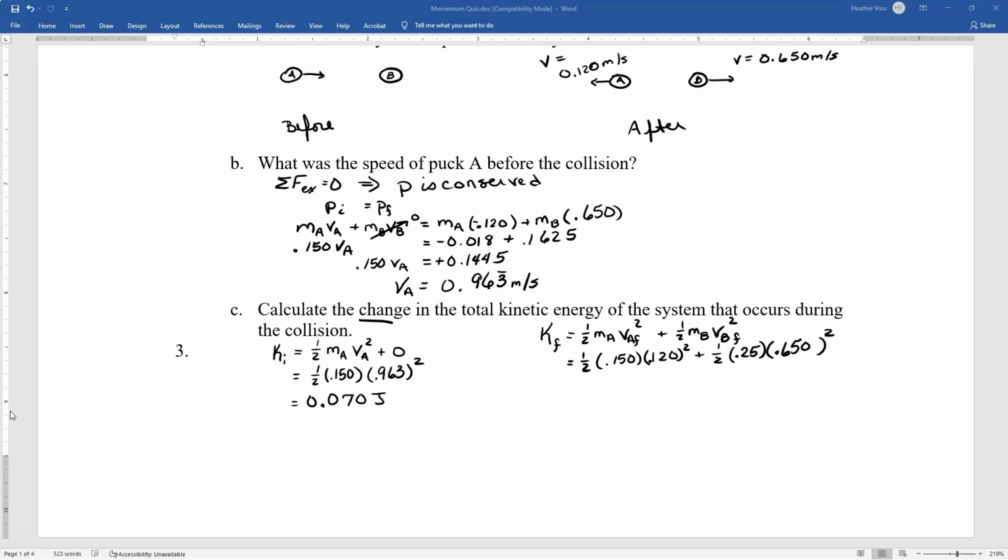So this is going to give us a final kinetic energy of 0.054 joules. When I subtract the initial kinetic energy, our change in kinetic energy is negative. We have lost energy. It's going to be negative 0.016 joules.